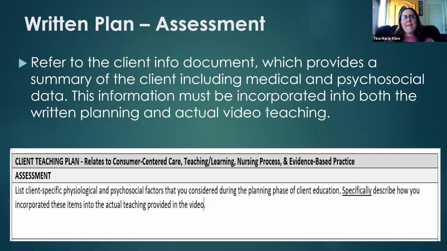Without completely giving it away, let's say she has particular hobbies that might impact your chosen teaching topic. Incorporate those lifestyle factors in. Because when we talk about teaching somebody who has a newly diagnosed chronic condition, you can develop the best plan in the world.